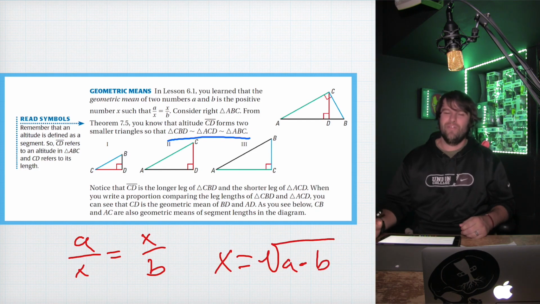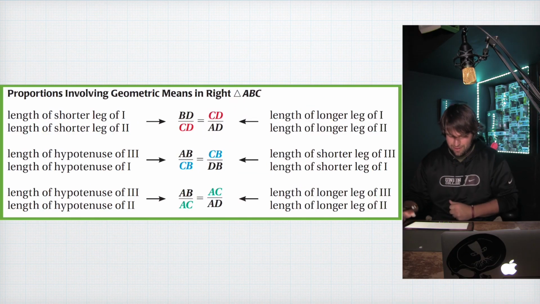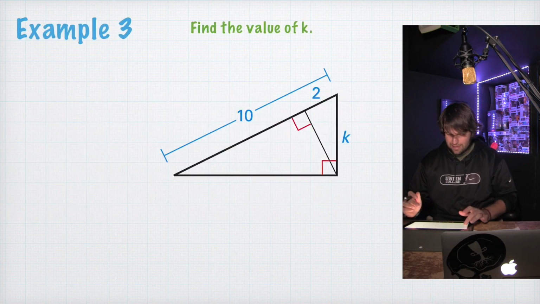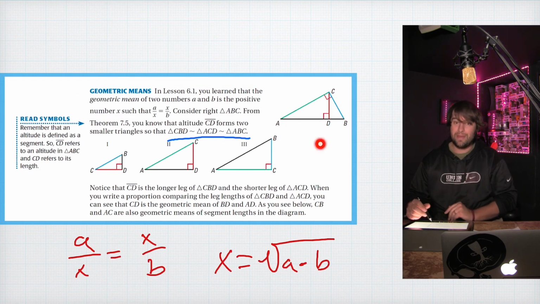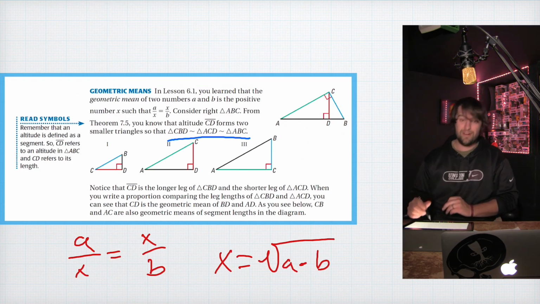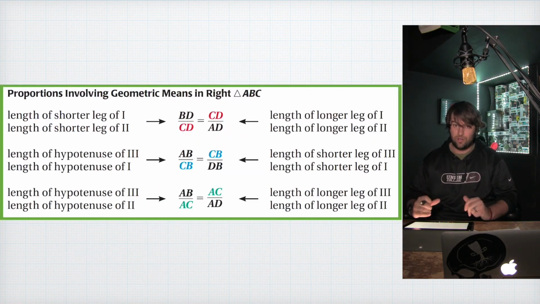Whew. Okay, so here's where it's about to get a little complicated, but hold on, we'll ride through this together. Proportions involving geometric means in a right triangle. Here you have a bunch of proportions, and remember, they're basing this off of if your triangle is labeled in this fashion, A, C, B, D. I would recommend, even if it's lettered differently, that I cross them out and solve for all the sides using this because it's easier to compare to this chart.